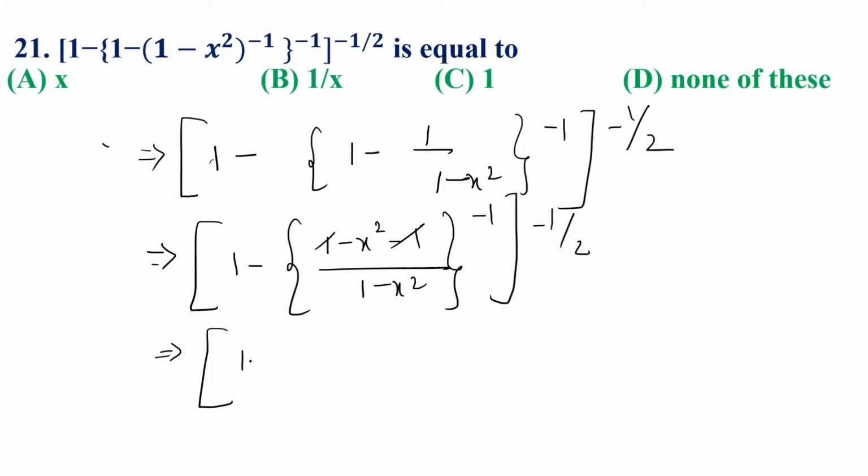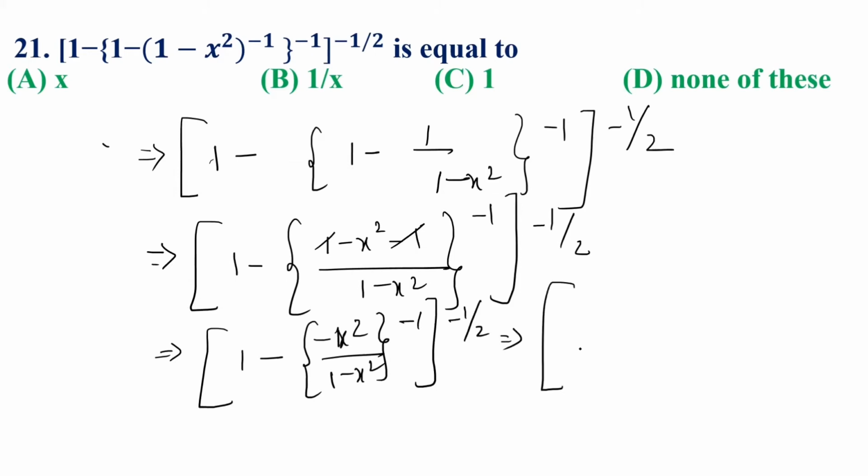So next 1 minus x square, if you take it this way, first we will take minus x square, 1 minus x square minus 1 minus 1 by 2. 1 minus into minus plus, 1 minus x square by x square whole to the power of minus 1 by 2.